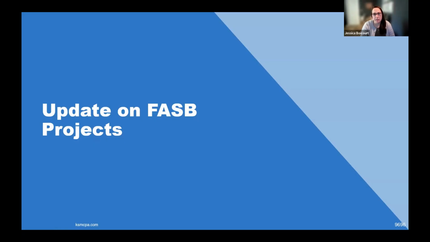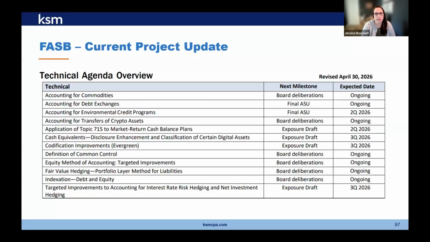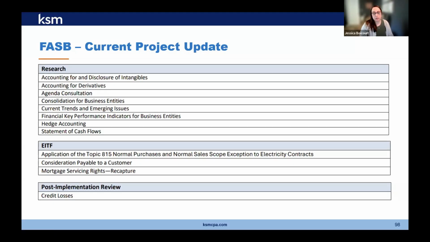We're not talking about any of the projects in detail, but if you see something on here that you're particularly interested in, what the thought process is, reach out to me. I will be in Norwalk with the FASB in September, so can help push these along if you see something that maybe is a little more of interest to you.